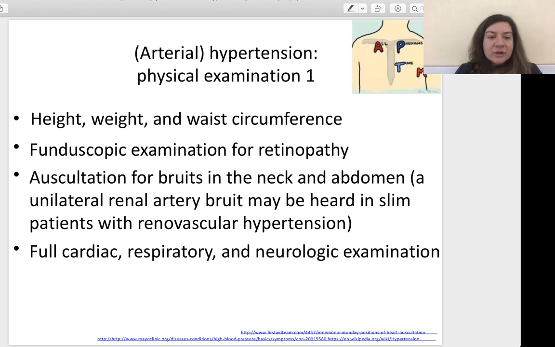We do a full cardiac, respiratory, and neurological examination. All that we discussed with general inspection, palpation, percussion, auscultation, all methods for the cardiac system, the respiratory system, and neurological examination.